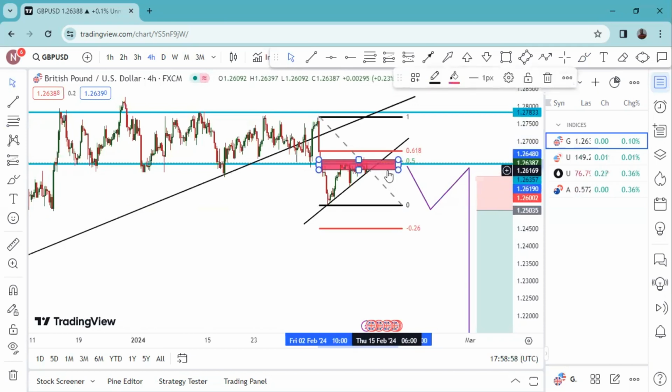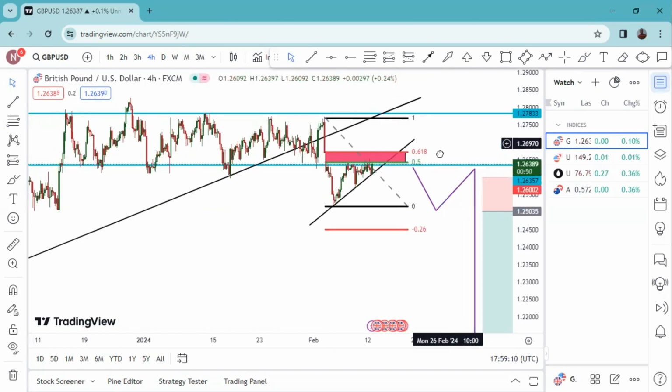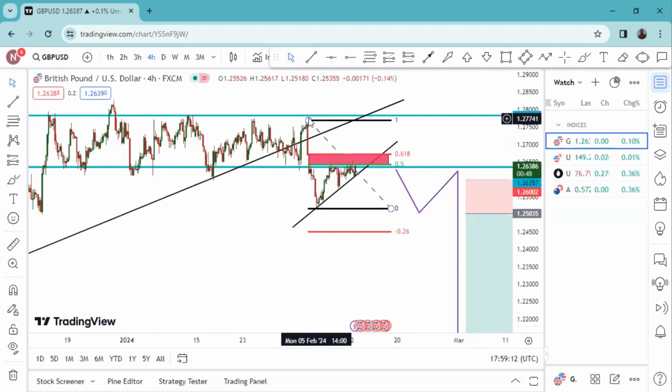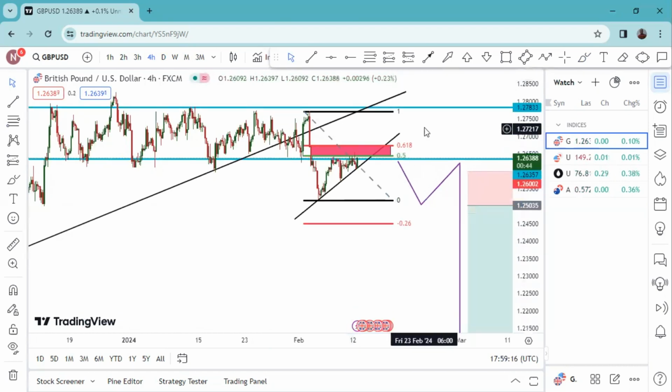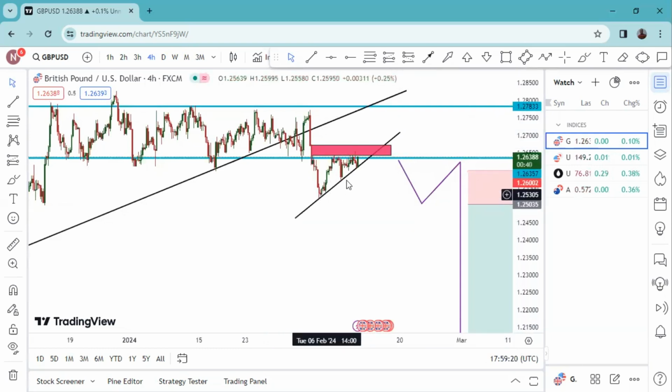On my Fibonacci, you can see the 61.8 level, and the market has also reached the 61.8 level. Now, what I'm waiting for: you can see I plotted my counter trend line, one that touches here and here.